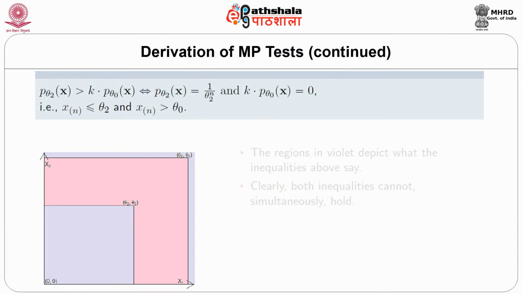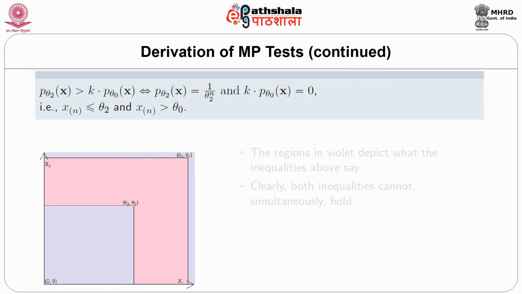Now, p theta 2 greater than k p theta naught is equivalent to p theta 2 being 1 by theta 2 to the power n, that is positive, and k p theta naught being 0, which is equivalent to x order n less than or equal to theta 2 and x order n greater than theta naught.